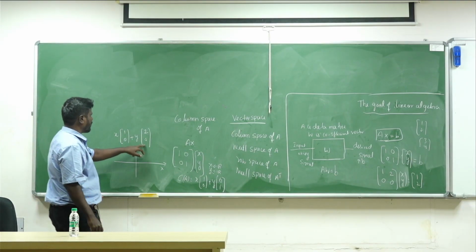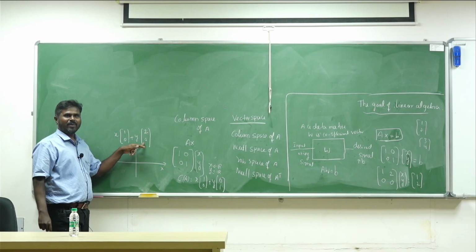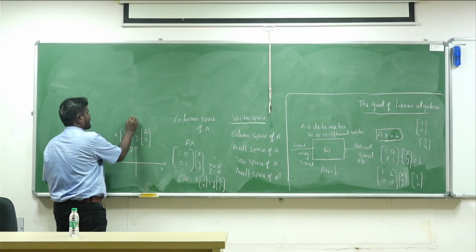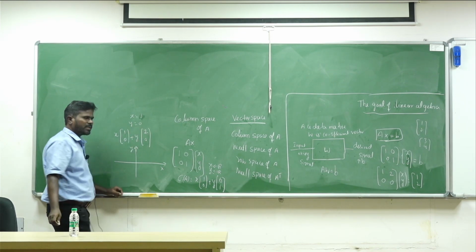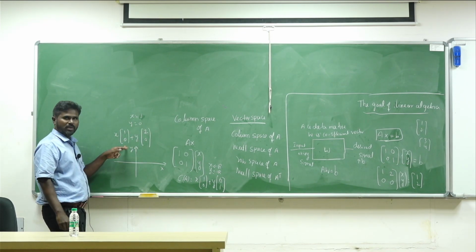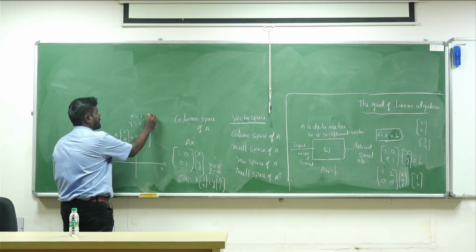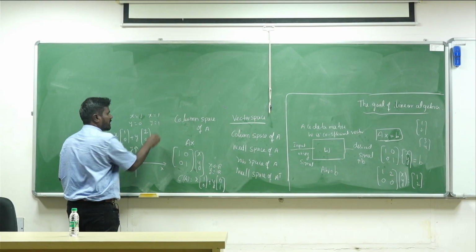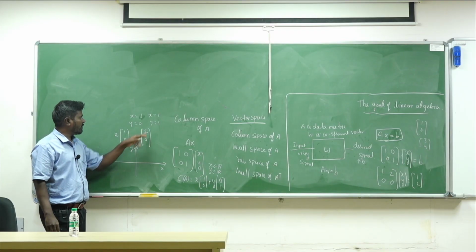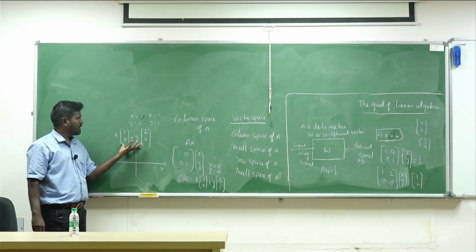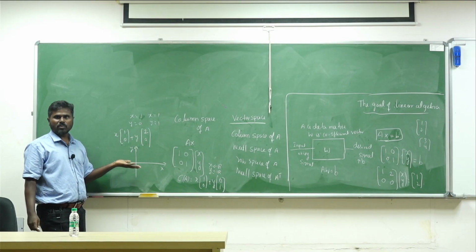If I take the linear combination of this, suppose x equal to 1, y equal to 0, what is it that you get? 1, 0. Say x equal to 1 and y equal to 1, what is it that you get? You get 3, 0, right?